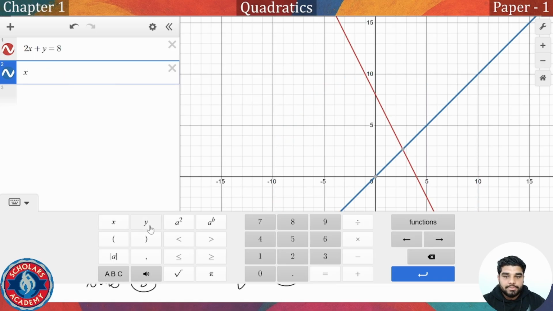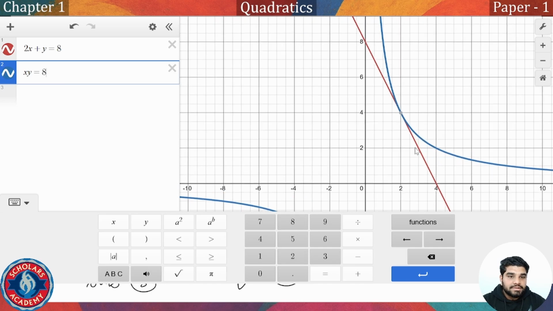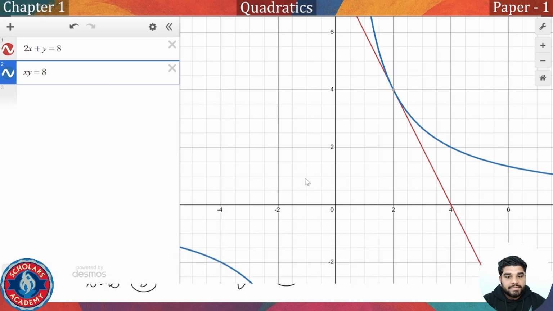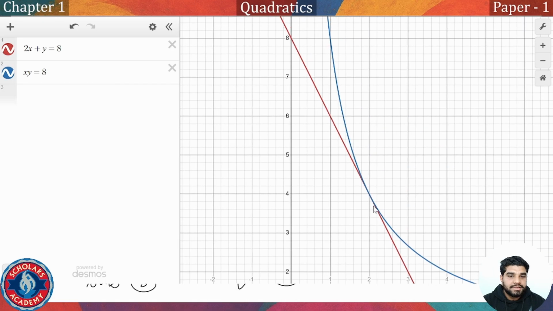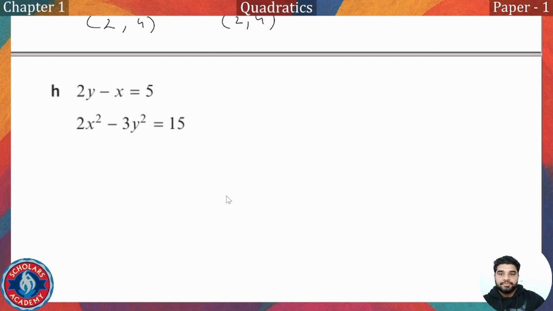So xy is equal to 8. So this is what we are getting. So this point, right, 2 comma 4, this is our point of solution. The curve is just touching and passing. This is a point of tangent. All right, I hope it is clear, this particular point, right? So 2 comma 4, this is the only solution. Let's move to the next question.